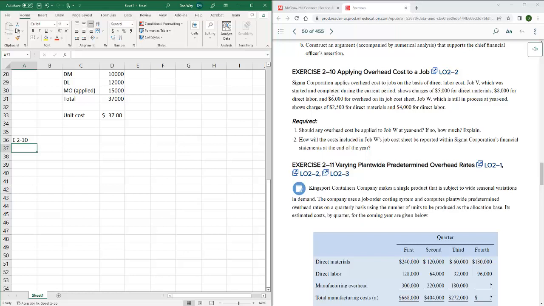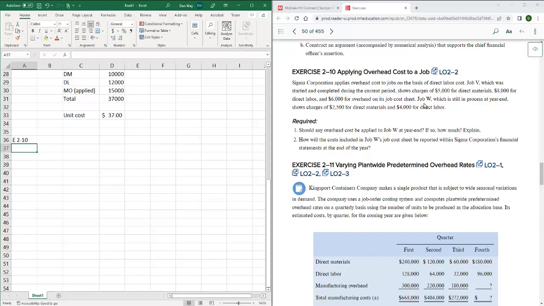Job V, which was started and completed during the current period, shows charges of $5,000 for direct materials, $8,000 for labor, and $6,000 for overhead on its job cost sheet. Job W, which is still in process at year end, shows charges of $2,500 for direct materials and $4,000 for direct labor. So the first question is, should any overhead cost be applied to job W at year end? If so, how much? And explain that.